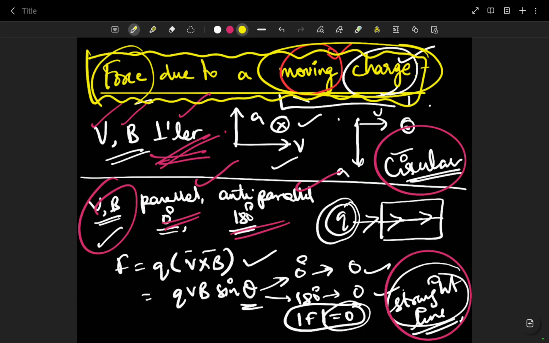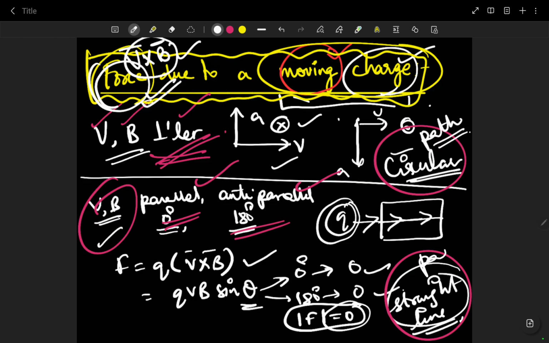It will come into the scenario with the help of V cross B. So you should know that velocity and magnetic field will give you the information of direction of this force. See the heading properly. So when this force direction is known to you, at that point of time only you can judge the path of the charge. I hope now I'm clear, right? So this is how we are judging path with the information of force, which is again relying on velocity and magnetic field.